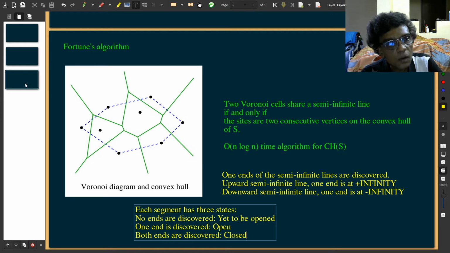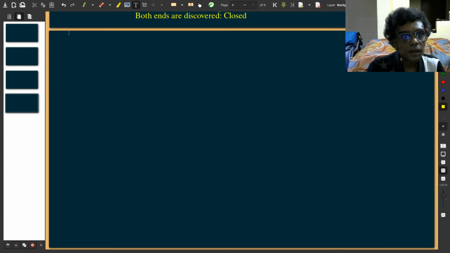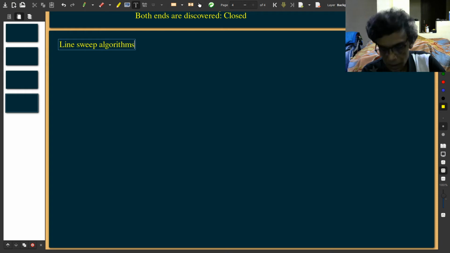Now, Fortune's algorithm is quite complicated. It is basically a line sweep algorithm. A line, we will call it a horizontal line. We can take it vertical also, but anyway, let us call it a horizontal line.